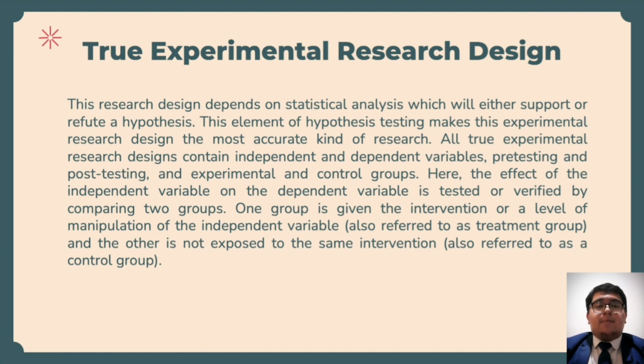One group is given the intervention or a level of manipulation of the independent variable, which is also referred to as the treatment group, and the other is not exposed to the same intervention, which is also referred to as the control group. One more aspect of a true experimental research design is that the participants in this study are chosen at random, because random sampling is very important in this design.